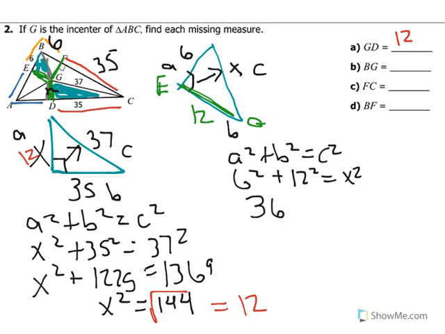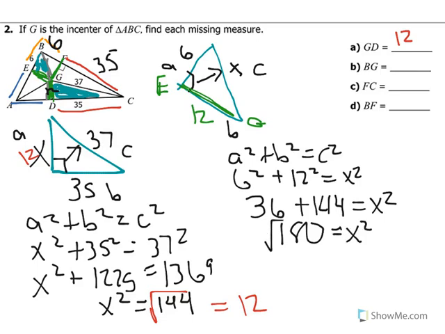So I have 36 plus 144 equals x squared. 180 equals x squared. Take the square root. We should get x to be 13.4. So that is our second question.